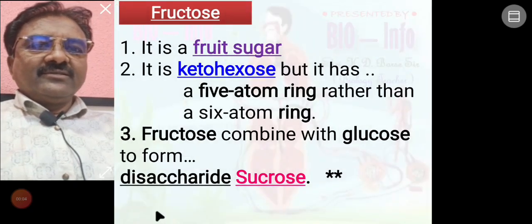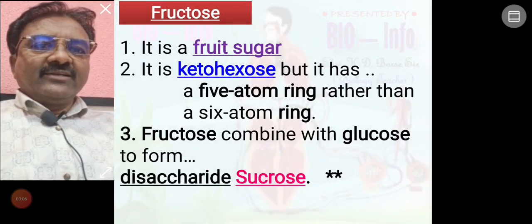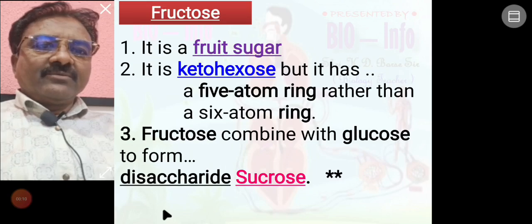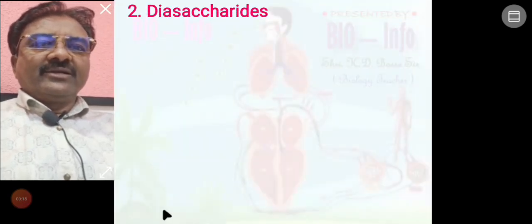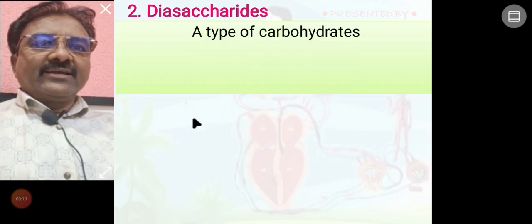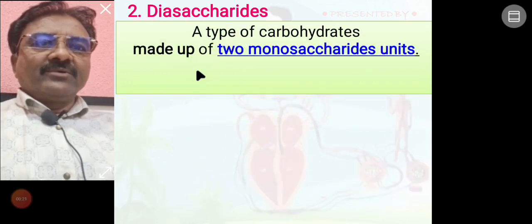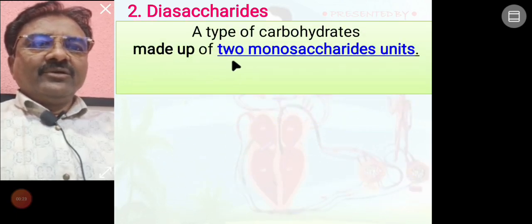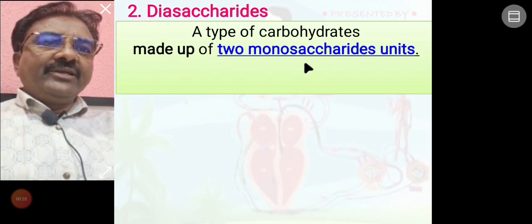Up to this, monosaccharide, a type of carbohydrate, is completed. Now we learn disaccharide is also one of the types of carbohydrate. What is disaccharide? Disaccharide is a type of carbohydrate made up of 2 monosaccharide units.